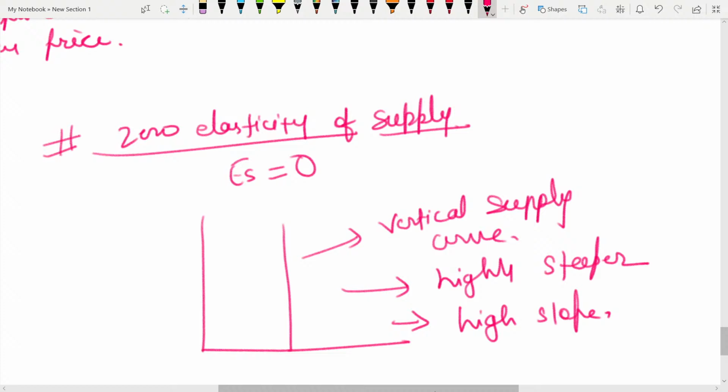At this point, Q is the same, for prices, let's suppose P0 and P1. So if elasticity of supply is 0, this is inelastic. Inelastic means that whatever the price change, there is no response in quantity supplied, or less response.